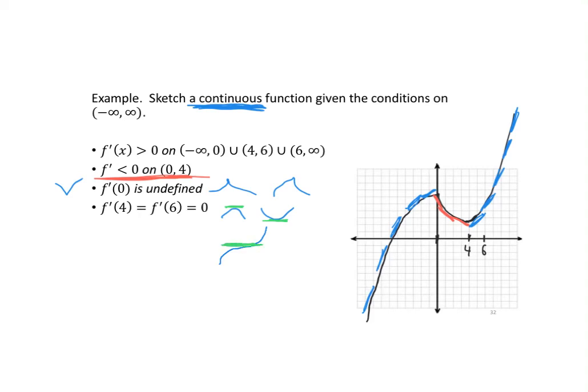What you'll notice is there's a point where the slope of the tangent line is 0. Looks like I'm going to have to use this version at 6. In order to keep increasing, in order to keep all the derivatives positive, I'm going to have to do something like that here. So let's make that adjustment.